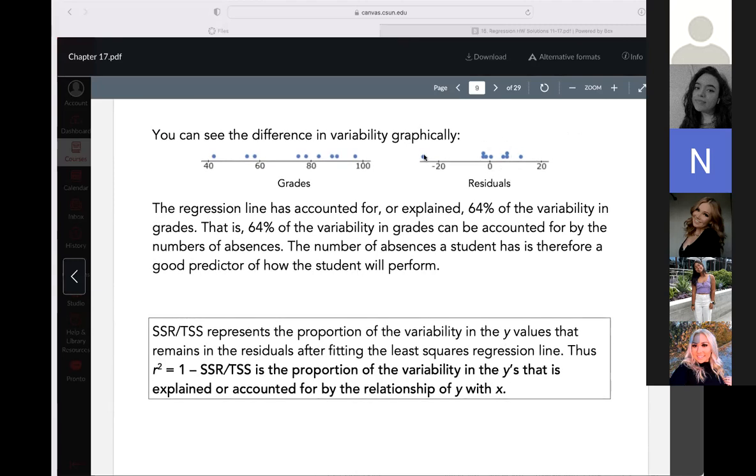Yes, there's one guy out here, but for the most part, most of the residuals are near 0, correct? So the variability of the residuals is relatively small compared to the variability of the grades themselves.